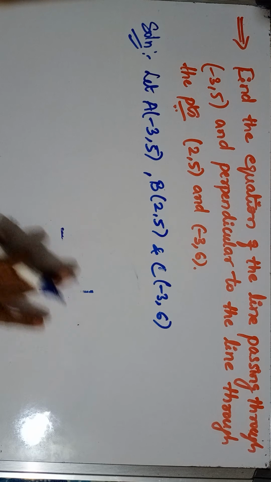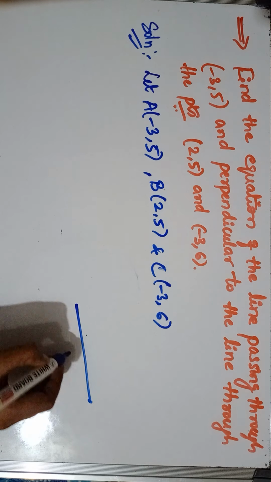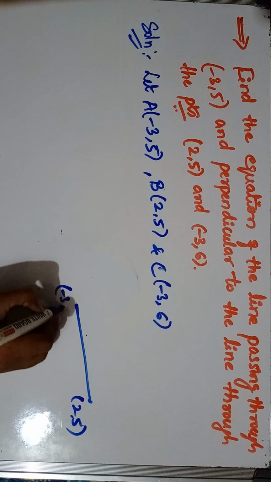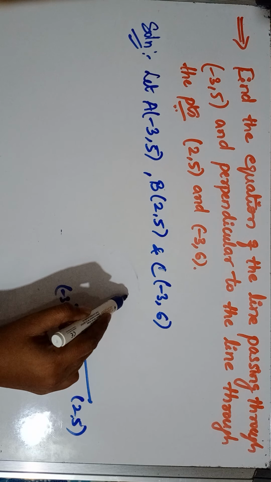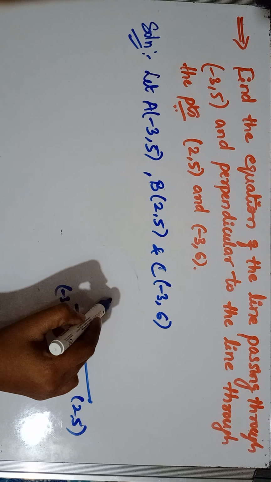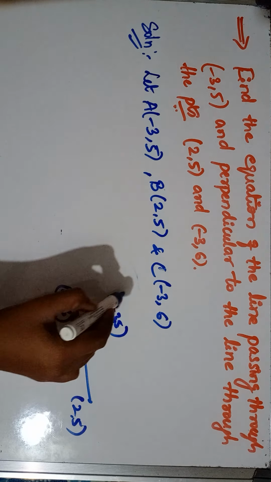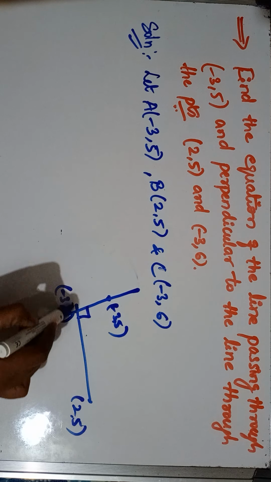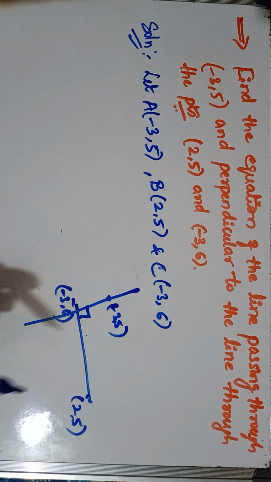Let me tell you clearly. Suppose, assume this is the line joining B and C, that is minus 3 comma 6 and 2 comma 5, and there is a line which passes through the point minus 3 comma 5. So the required line passes through this point and this line is perpendicular to the line joining these 2 points. Okay, so very simple.